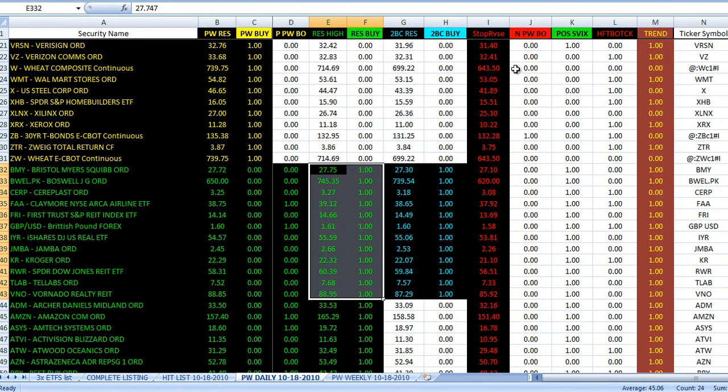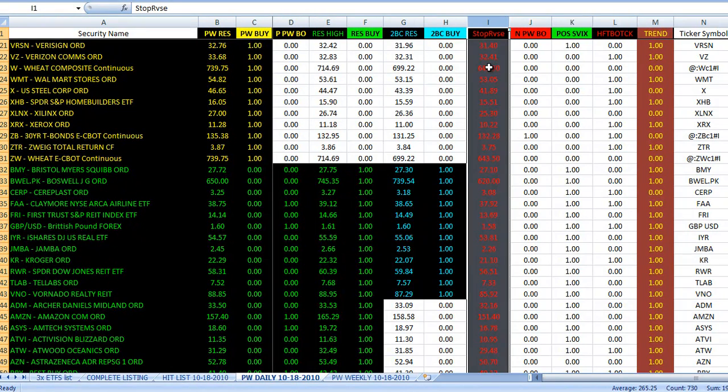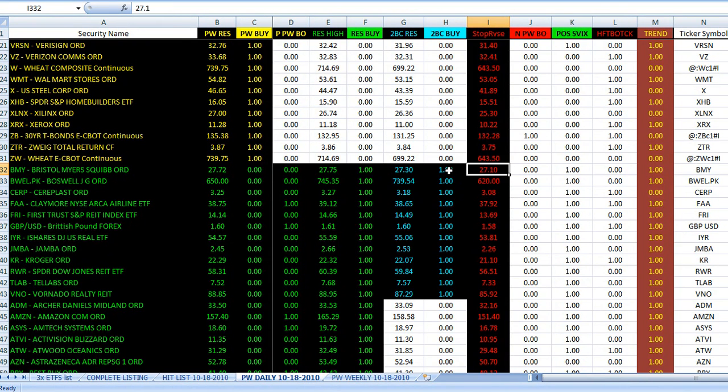Okay. The next column is the same, stop and reverse. This is where you put all of your initial stops on all your trades. If this stop and reverse price is below the 2-bar Charlie, when you're trading a 2-bar Charlie trade, then this is your stop loss.